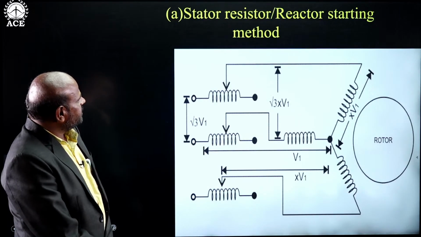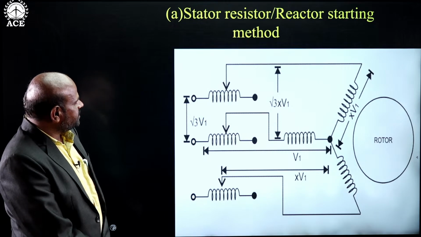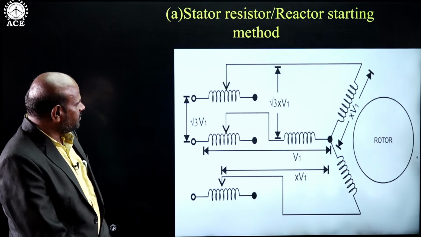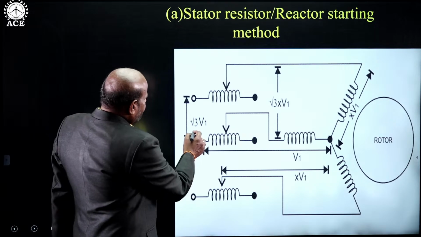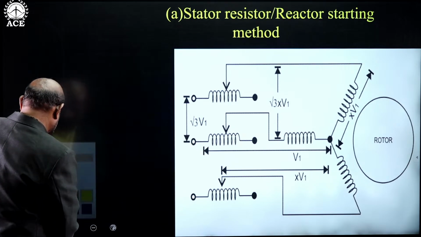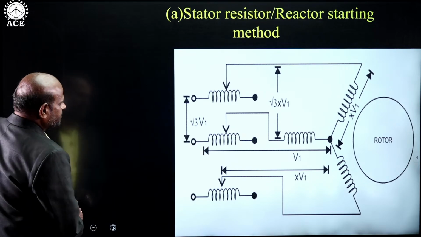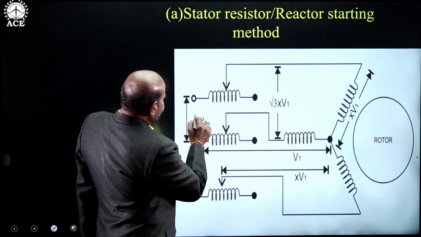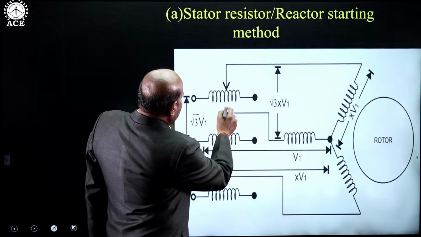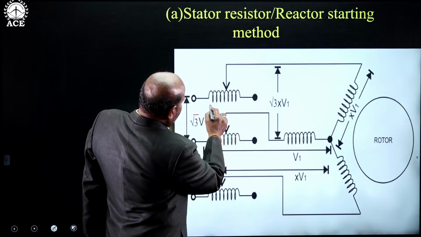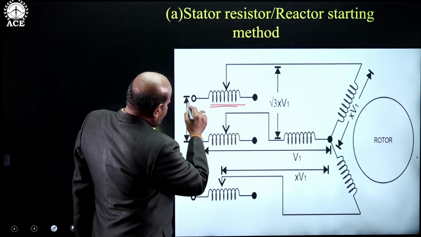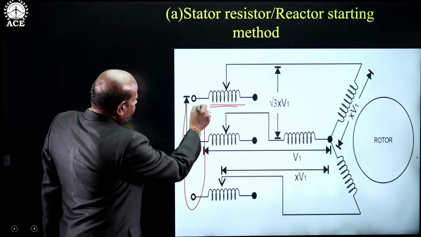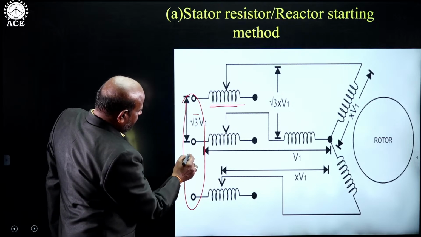So this is the diagram for the variable resistor or reactor starting method. Here the applied voltage is √3 times the phase voltage. This is the applied voltage, which we are giving by means of a 3-phase variac.